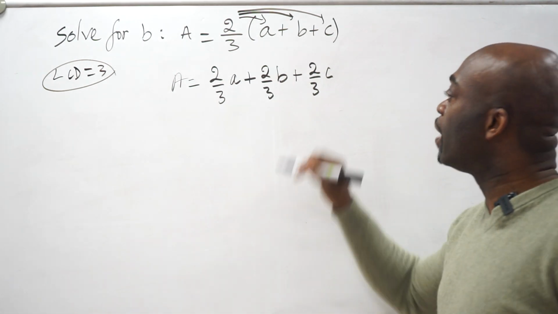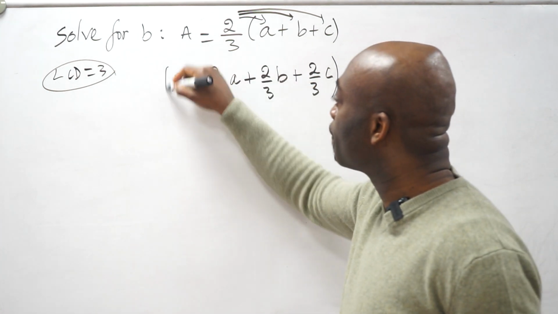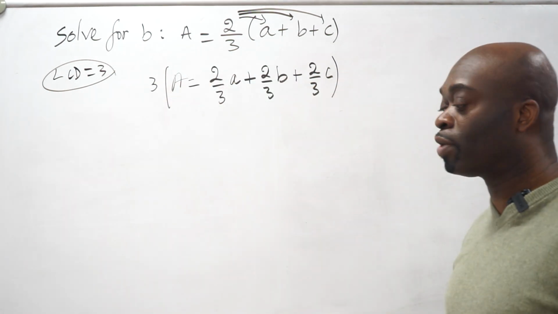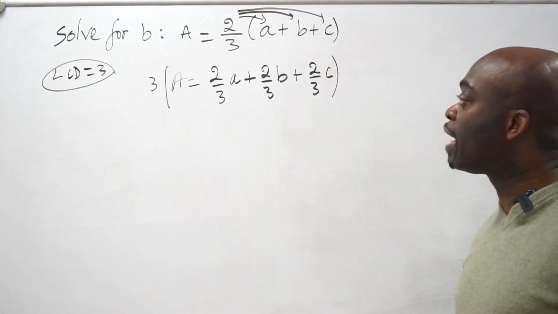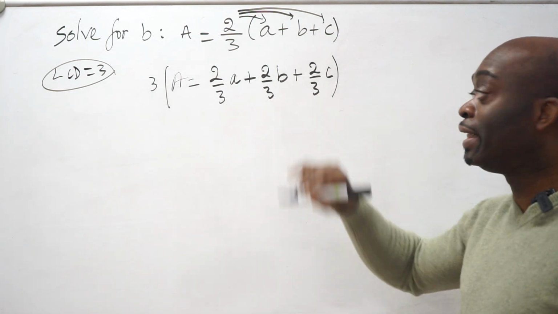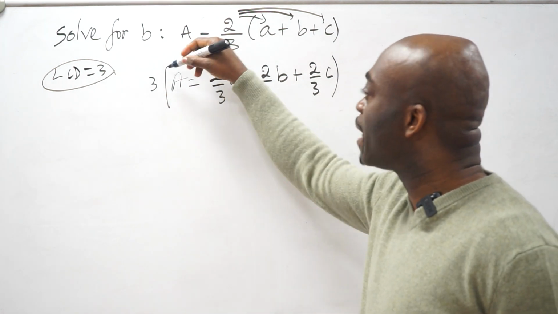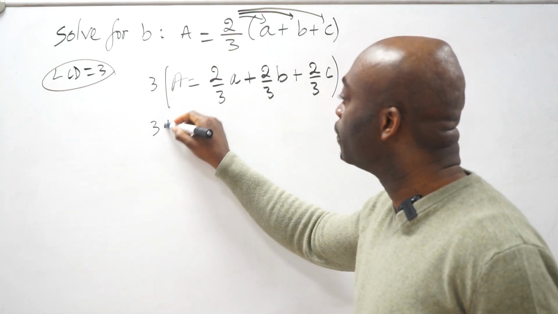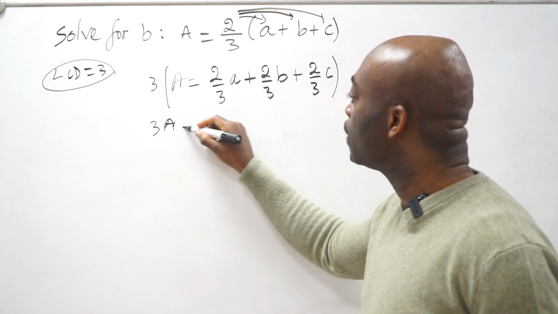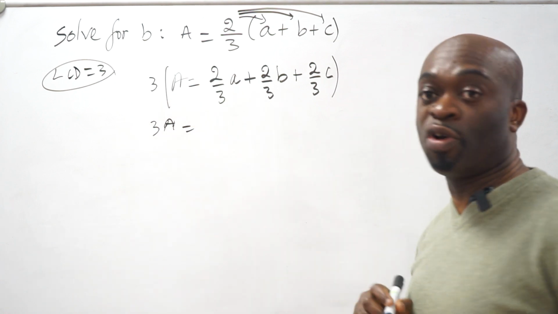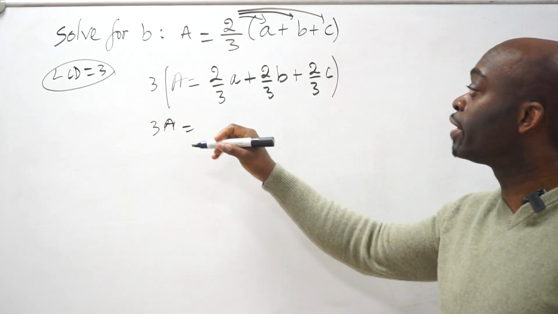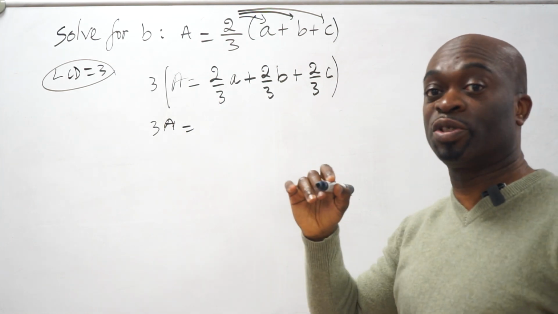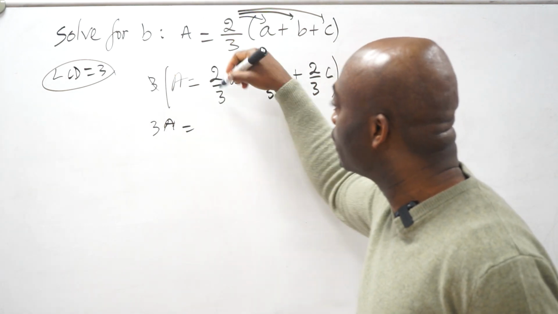So we would take it now and multiply the whole equation. Because remember, what are we trying to do? We're trying not to have 3 at the denominator. So that'll be 3 times A, so that will give us 3A equals 3 times 2/3 a. Now 3 is multiplying 2/3, so what can you do? The easiest way to do it is just to cross cancel, right?